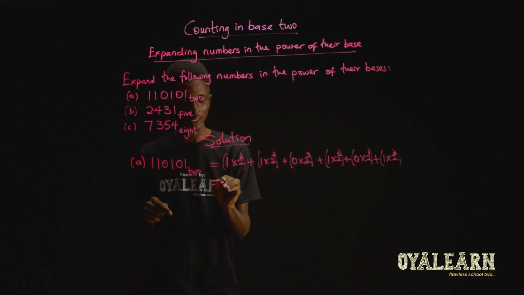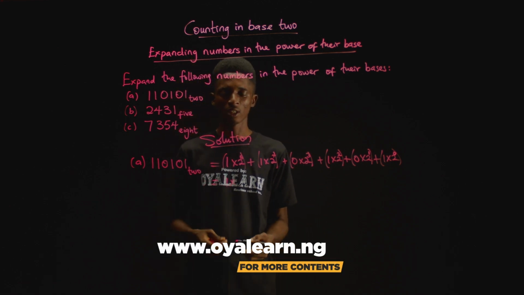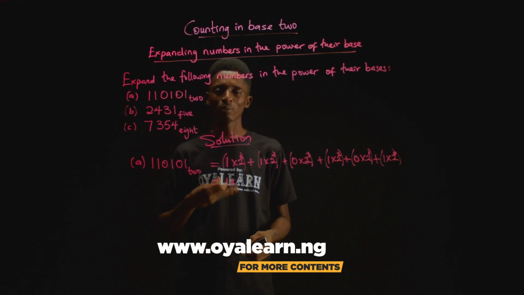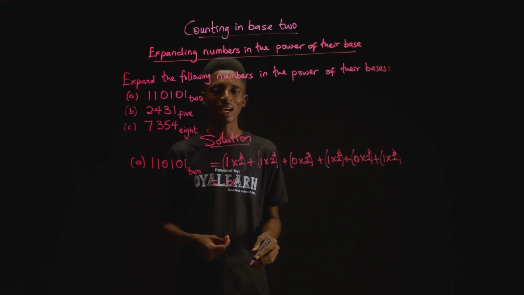What we have here is 1 multiplied by 2 with the power of 5. 2 times 2 is 4, times 2 is 8, times 2 is 16, times 2, and we have 32.